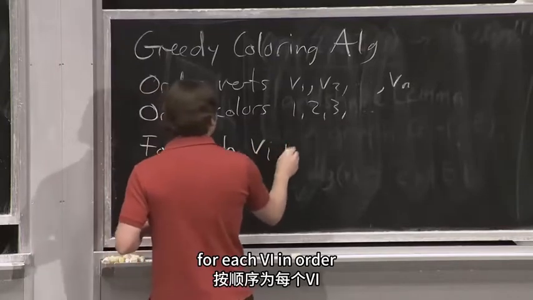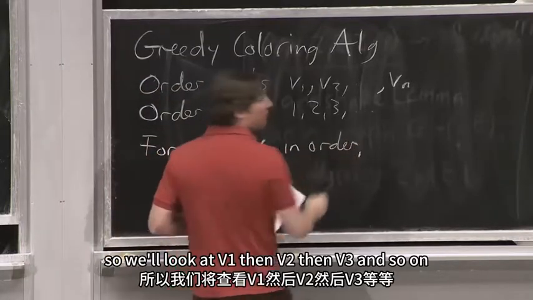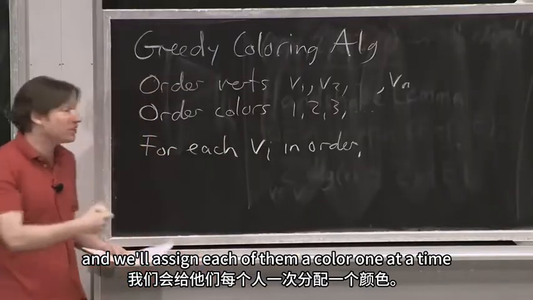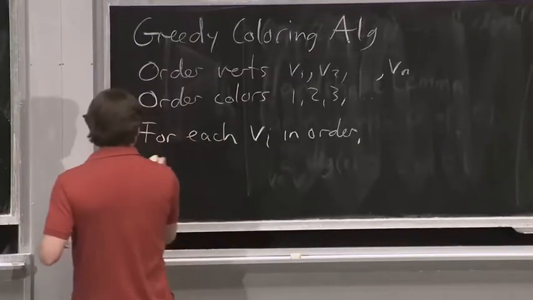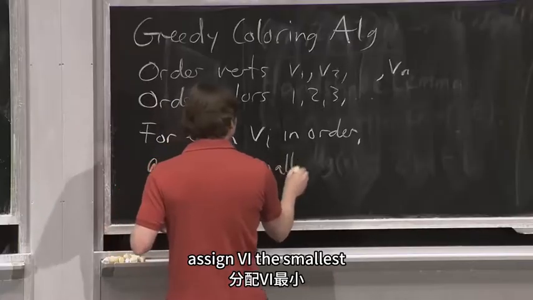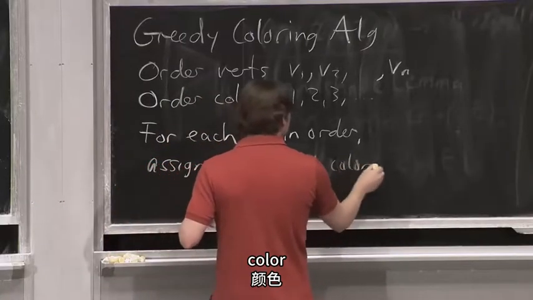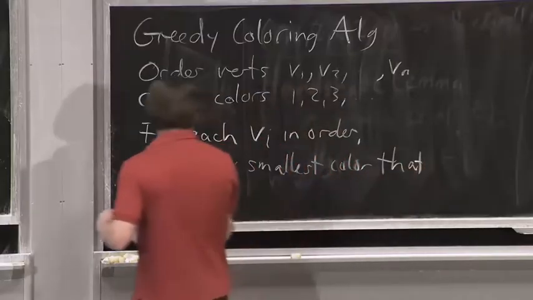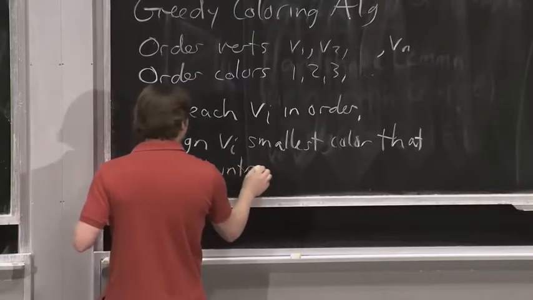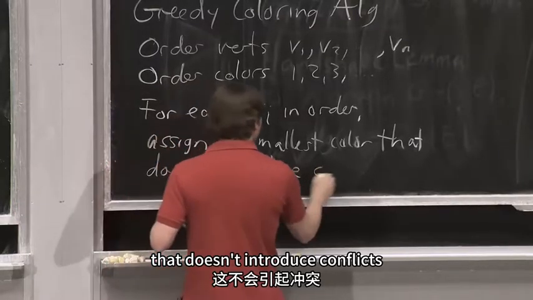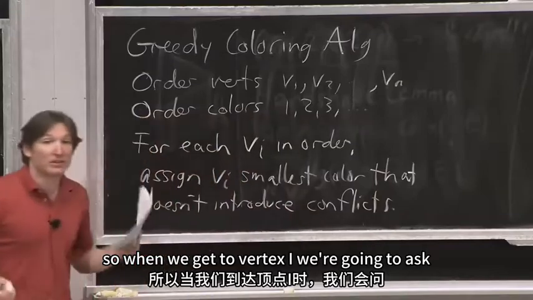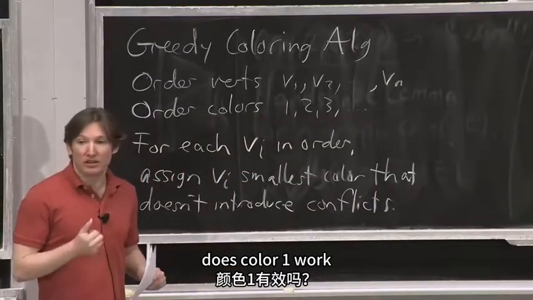And then, for each vi in order, so we'll look at v1, then v2, then v3, and so on, we'll assign each of them a color one at a time. Assign vi the smallest color that doesn't introduce conflicts. So when we get to vertex i, we're going to ask, does color 1 work?